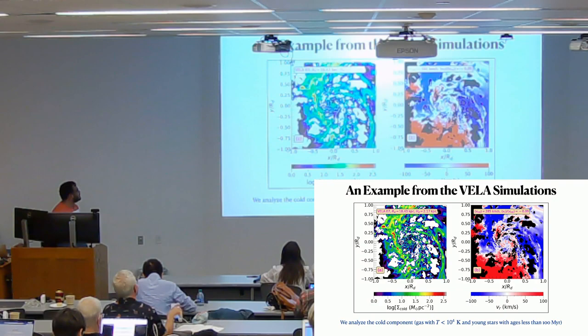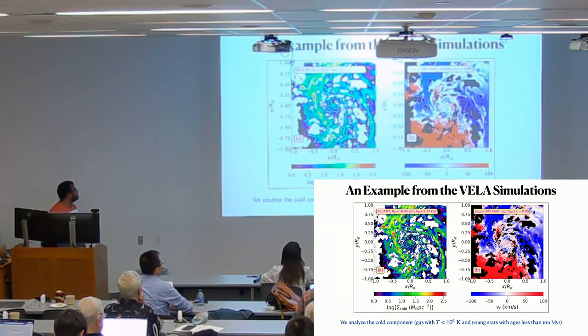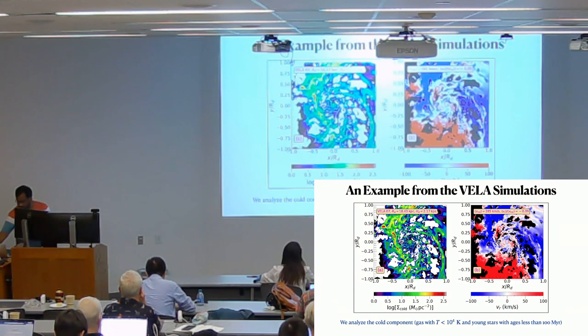And then here, this stream starts to go outwards, and that is correlated with this red stuff here. And there is another stream that comes in from here, and that is correlated with this blue inflowing material here. So what I want to highlight is that both the surface density map and the radial velocity map are highly non-axisymmetric. It's very, very non-axisymmetric.